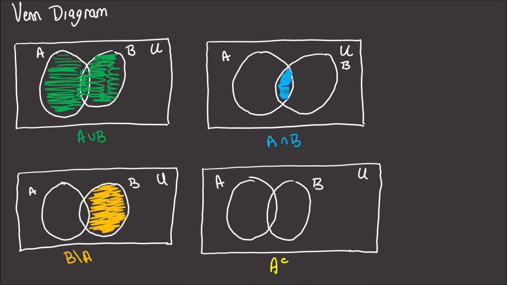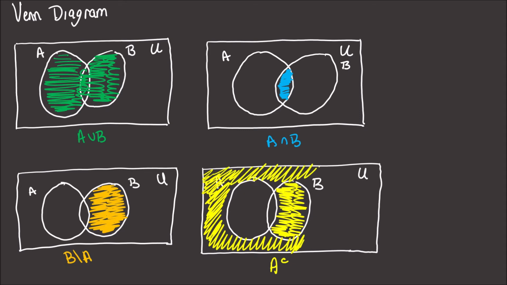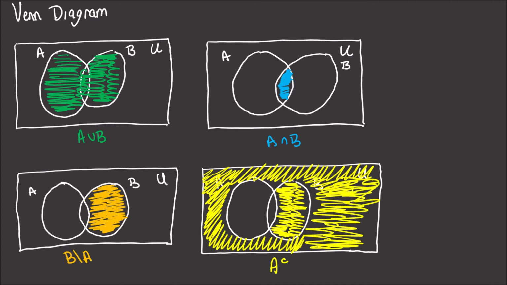So A complement is the set of everything in our universal set that's not in A. Well, we could have B minus A. However, we also have everything that's out here. Right? So it's literally just everything in the universe that is not in A.